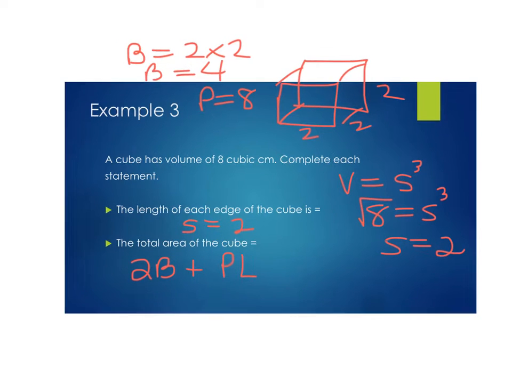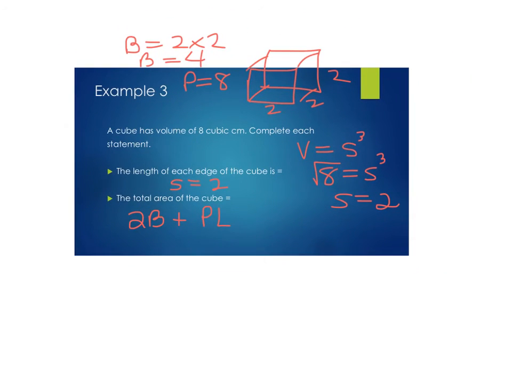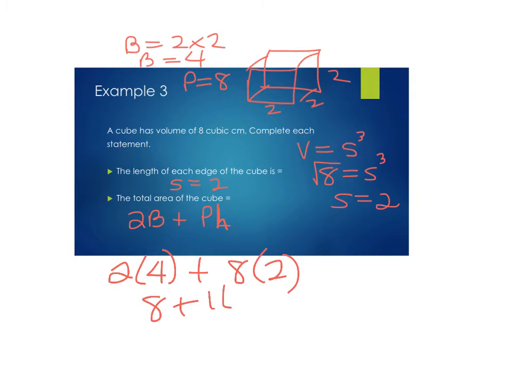So what I'm going to do here is 2 times my base area, 2 times 4, plus my perimeter, which was 8, times my height, which is 2. So then 8 plus 16, and my total area is 24 centimeters squared.